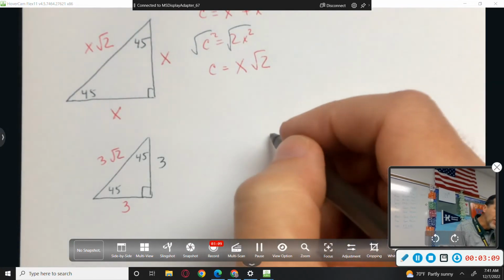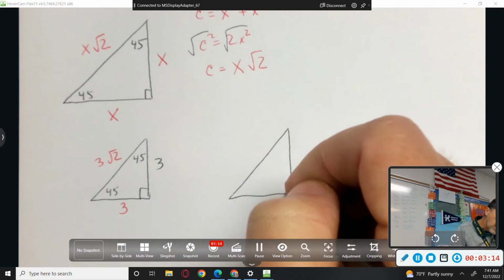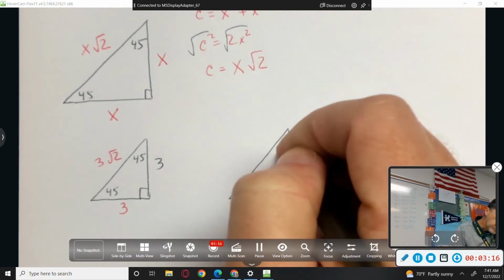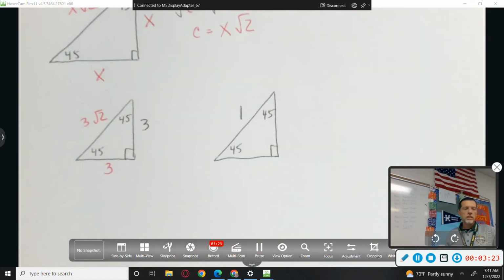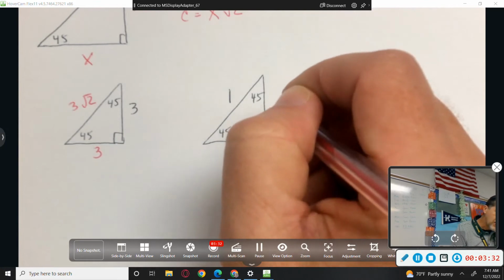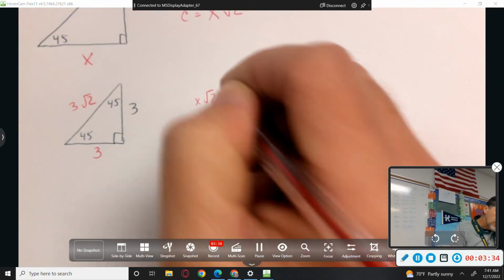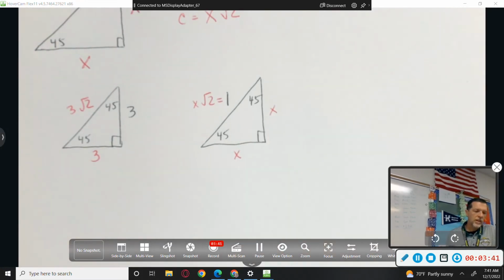Let's do one that's a little bit harder. Let's do one where the hypotenuse is 1. That's going to be a little bit trickier. So for this one, I think I would label the sides. And then if I can figure out what X is, well, then I'll know the two missing sides.